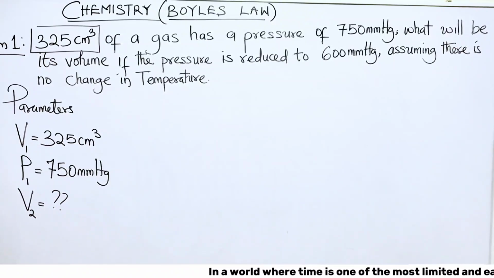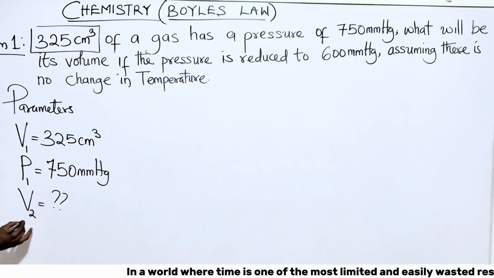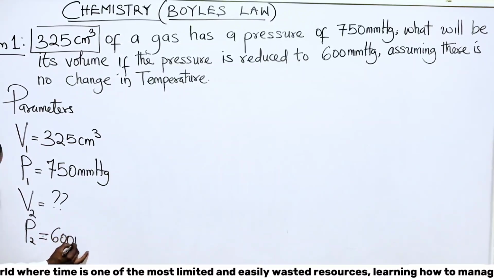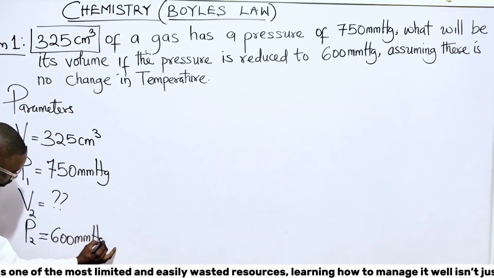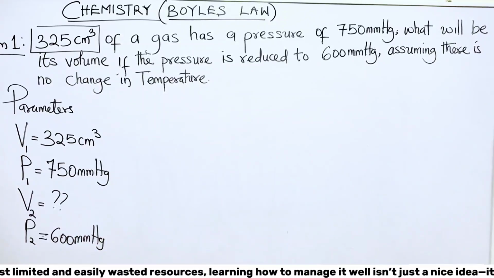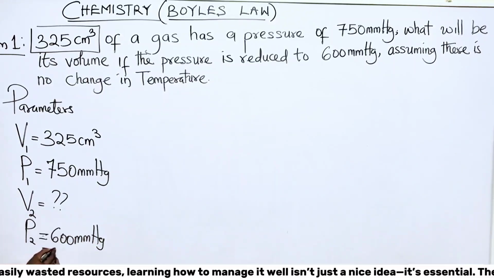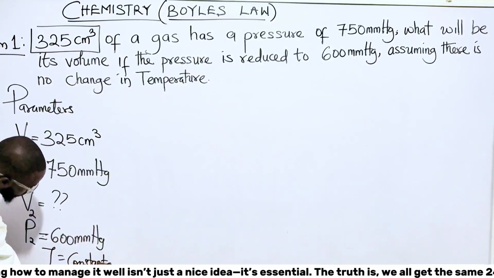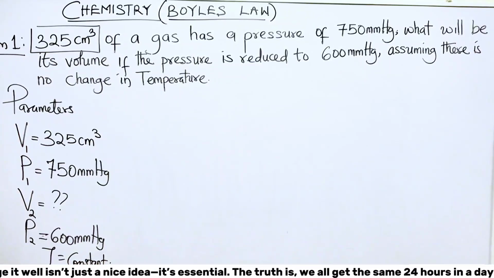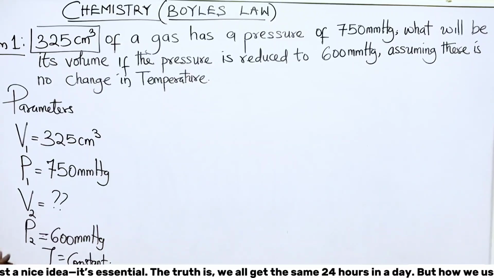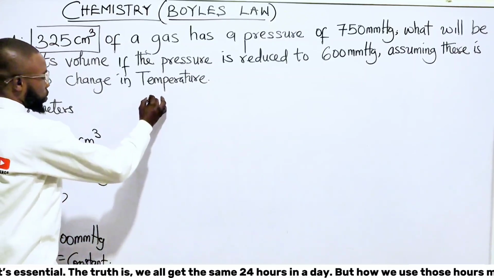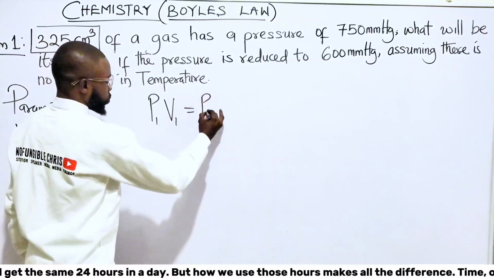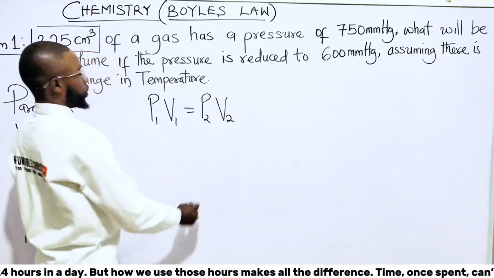If the pressure is reduced to 600 millimeter mercury, so our P2 is 600 millimeter mercury, assuming that there is no change in temperature. So temperature is constant. This looks like Boyle's law. Mathematically, Boyle's law is P1 V1 is equal to P2 V2.